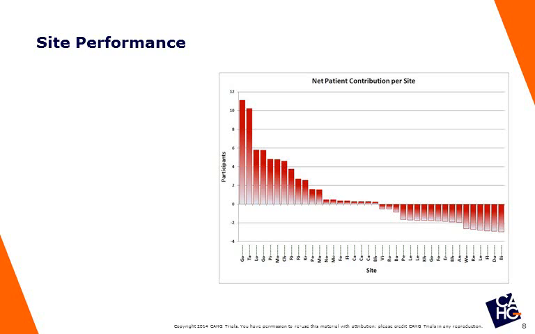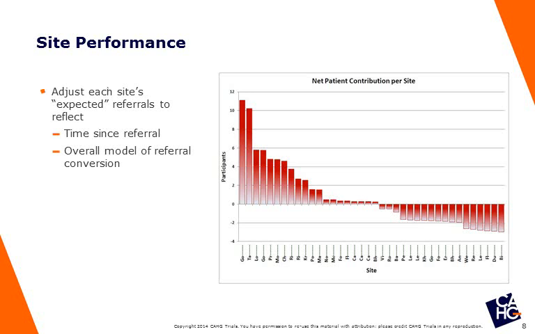And once we have this model of referral conversion, we can use it not only to predict the performance of future waves of advertising, but it also helps us characterize in a much more fair manner what's going on at the site level, because we can actually take that data and adjust our expectation of the referrals that have been given to each site.